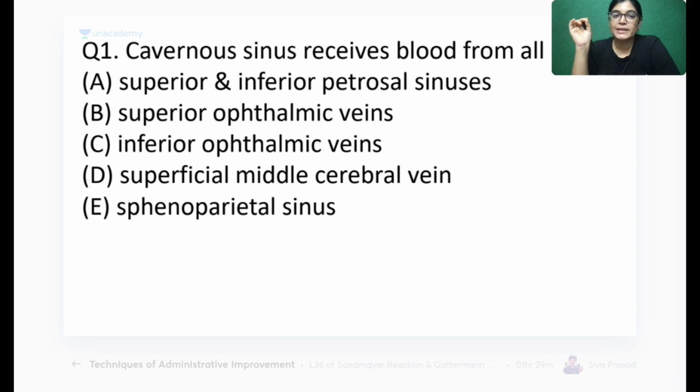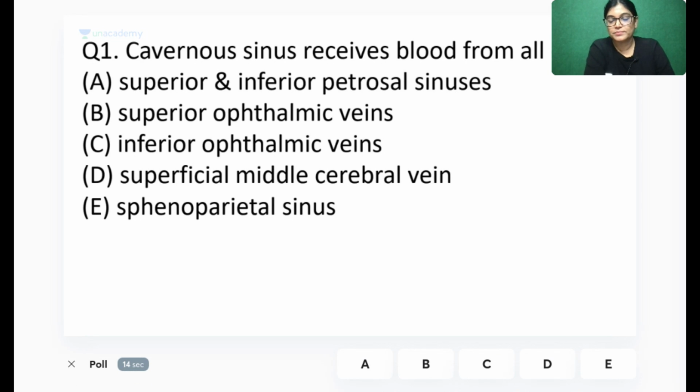Superior, inferior petrosal sinus, superior ophthalmic vein, inferior ophthalmic vein, superficial middle cerebral vein, or sphenoparietal sinus. So let me know which is the correct answer. Your time starts now.